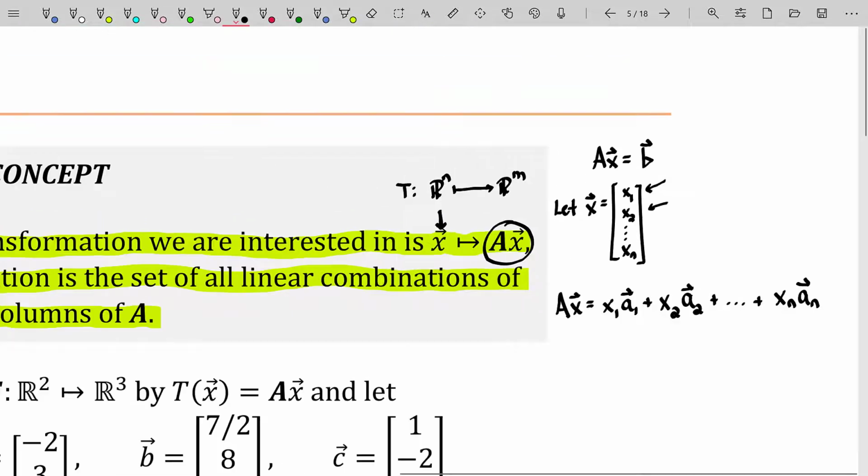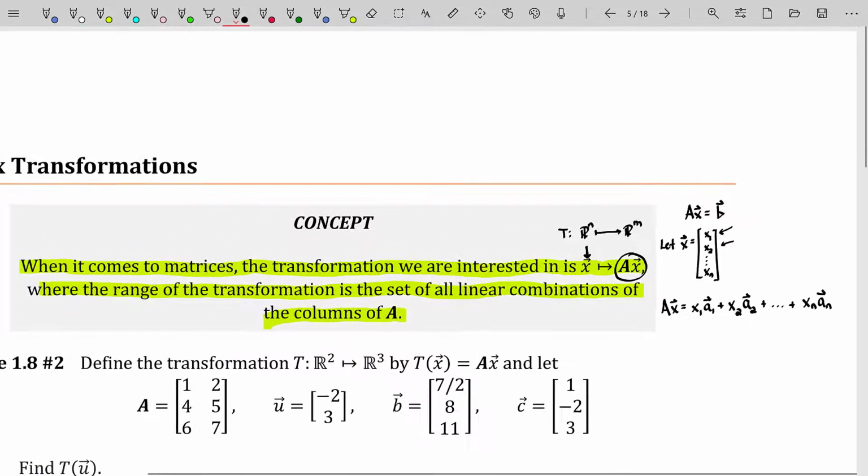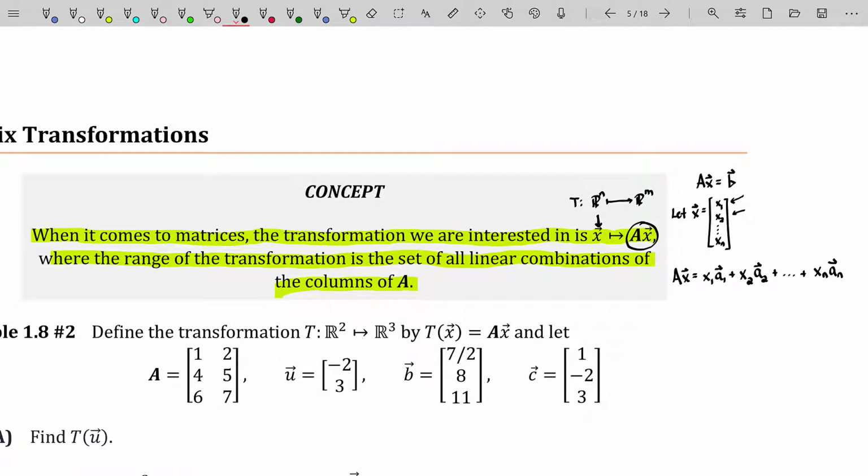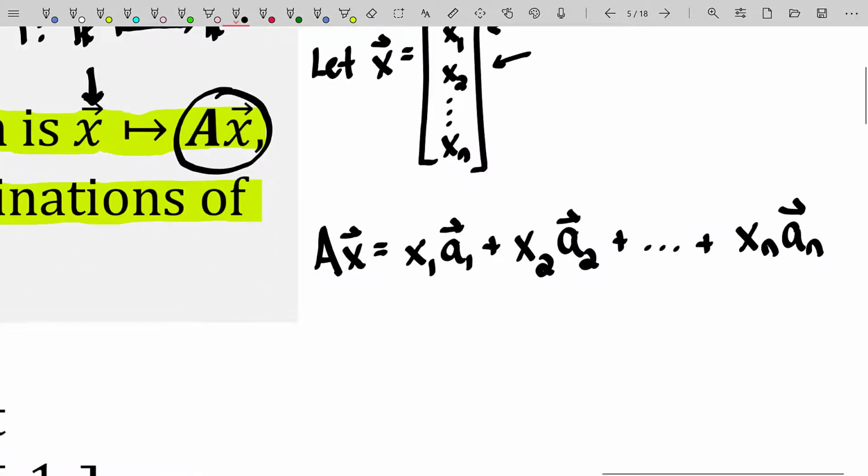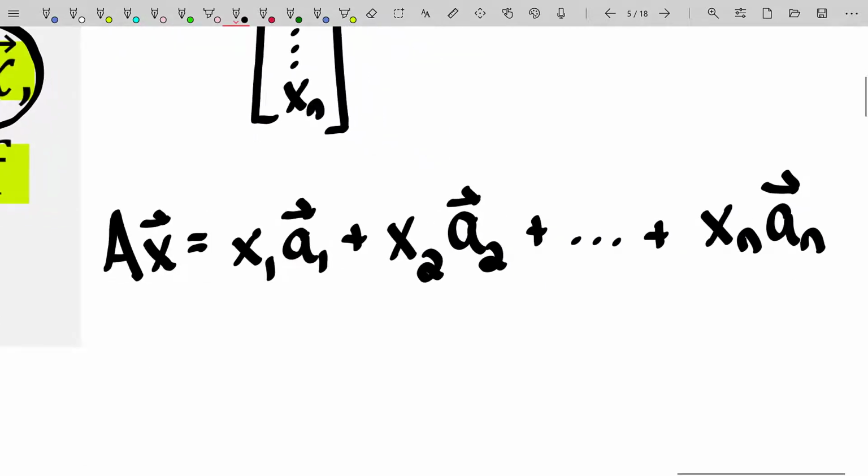And that is why that last part of the sentence says, where the range of the transformation, the set of outputs, is all linear combinations of the columns of A. Because we are allowing x to be anything we want, it's all possible linear combinations of the columns of A.